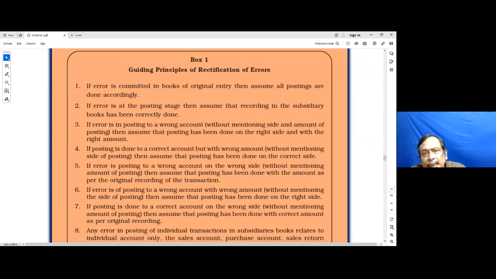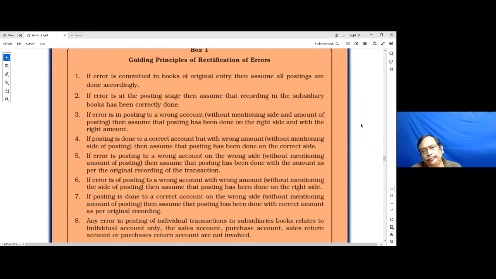I am discussing certain guiding principles of rectification of errors. If error is committed in books of original entry, then assume all postings are done accordingly. If error is at the posting stage, then assume that recording in the subsidiary books has been correctly done.